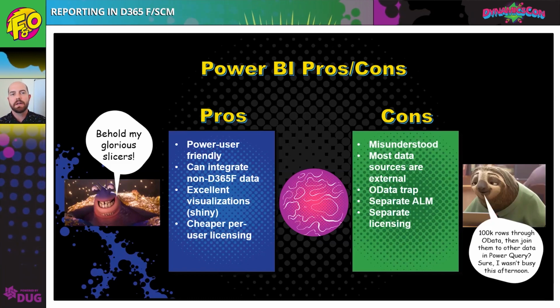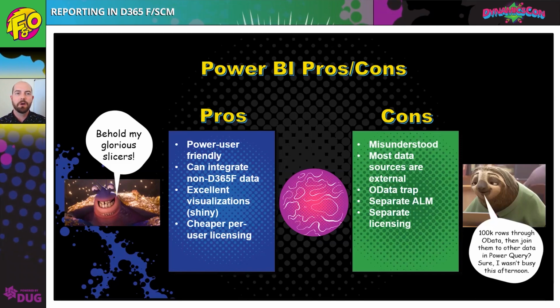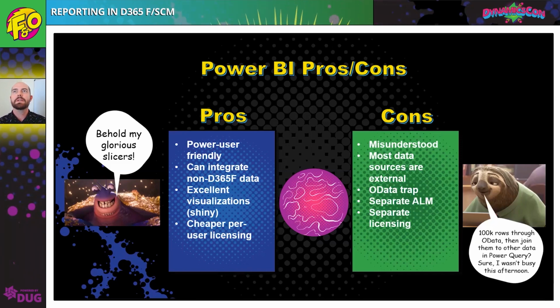Next bullet here, most of the sources for Power BI are external. So why is that a downside? Power BI itself can be basically as fast as you want it to be, but it is limited. When we're querying external data sources, Power BI's performance is limited to the speed of whatever that external endpoint is.